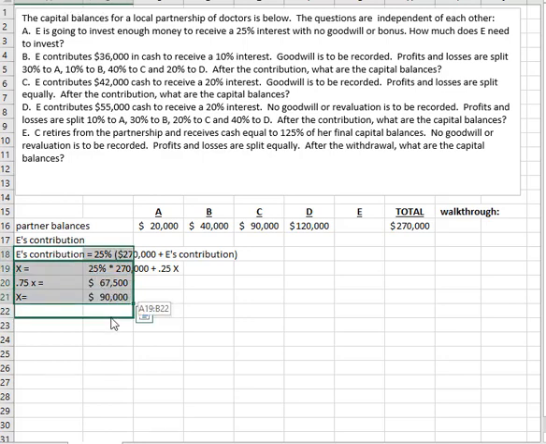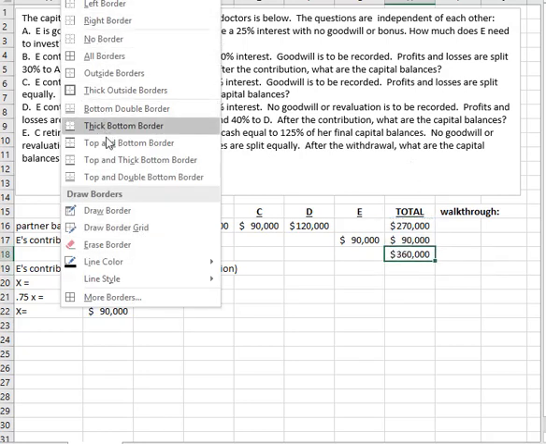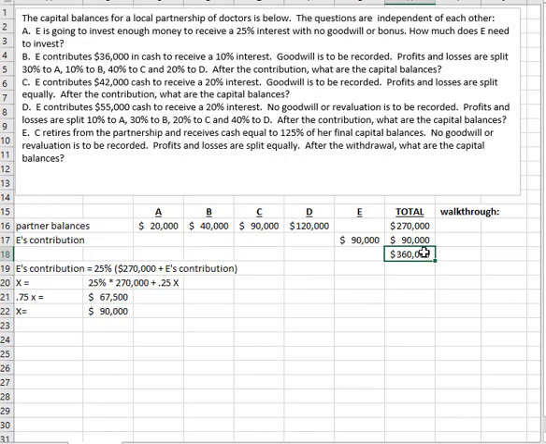So you could check this. I always like to check things when I can. You can put the 90,000 in there, and then add it up, get the total partnership capital after the contribution, and check and see, is 90,000 a fourth of that?